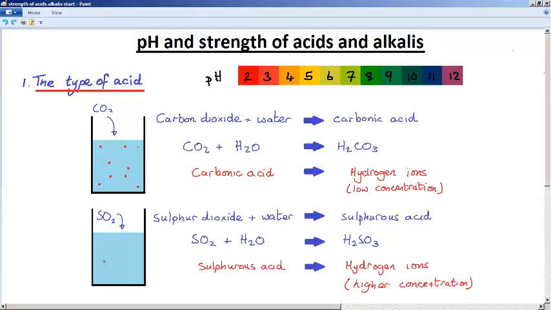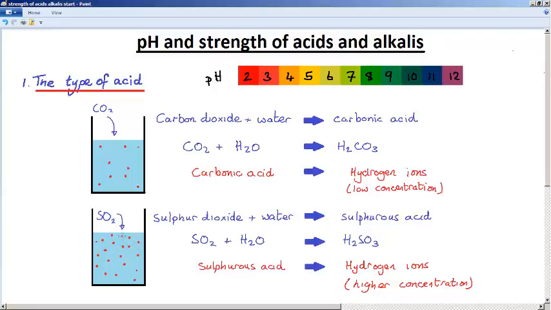So if we look at this diagram we can see that the acidic solution produced by dissolving sulfur dioxide in water, producing sulfurous acid, results in a higher concentration of hydrogen ions, a much higher concentration than carbonic acid.